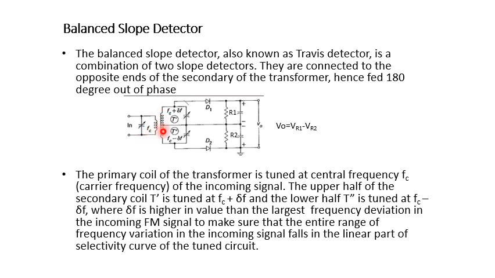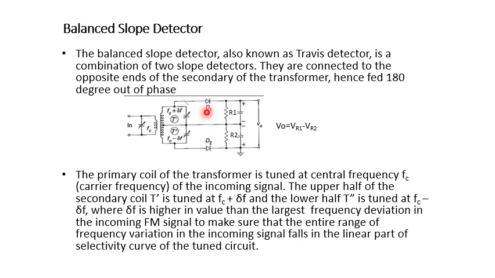This is the secondary coil, and to the two extreme ends of the secondary coil, two circuits of slope detector are connected. That is, this is one circuit of the slope detector, and to the other end of the secondary, the other circuit of slope detector is connected.